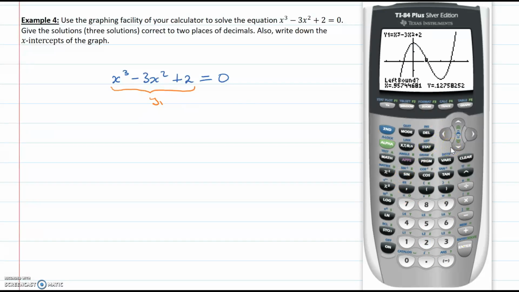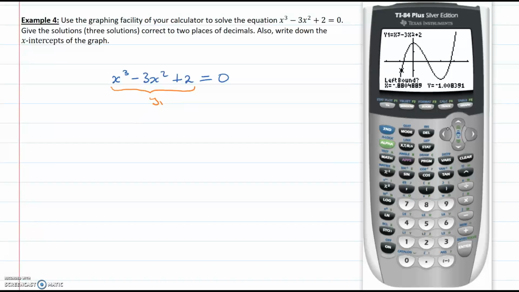If we're trying to get the one on the left, first move your cursor over to the left-hand side of it. This is the point we're interested in, and we should be on the left of that point. Let's move our flashing cursor across. Now we're close to the point, but we need to move to the left of it.